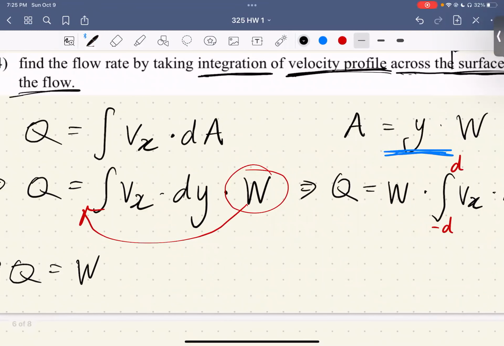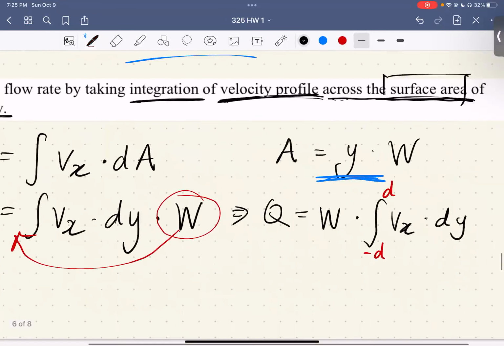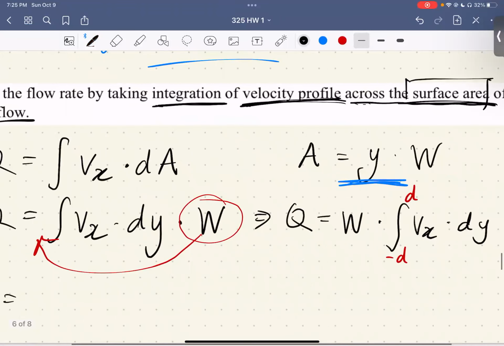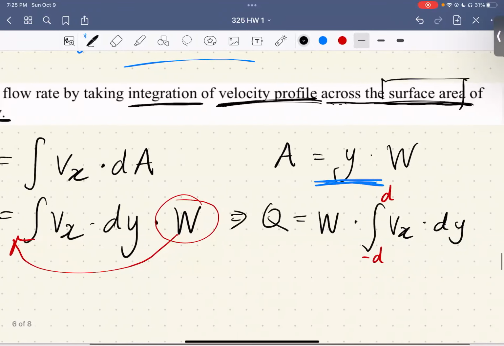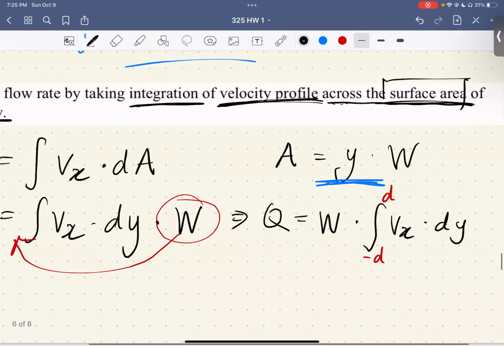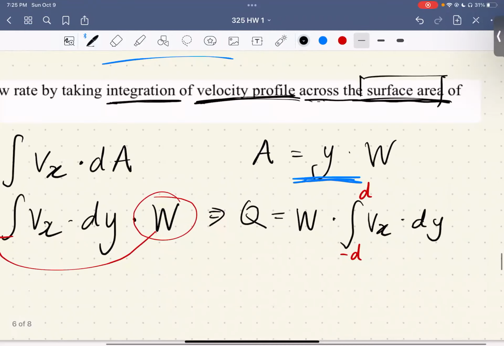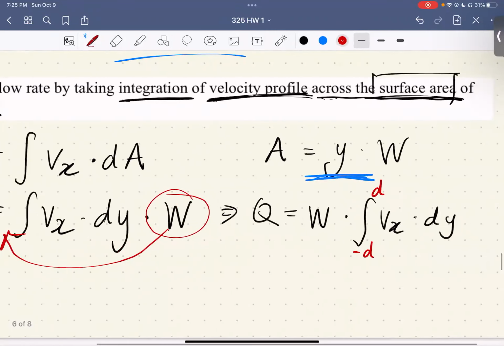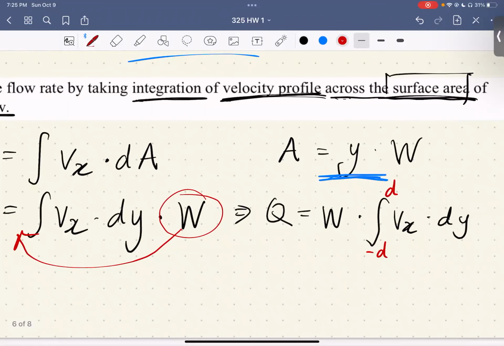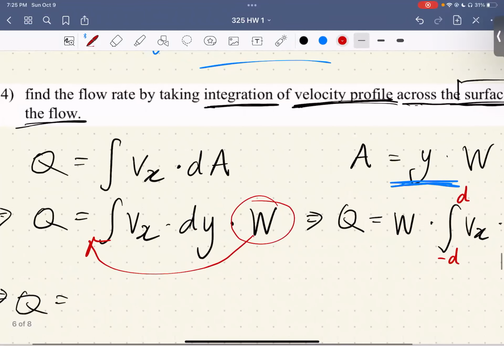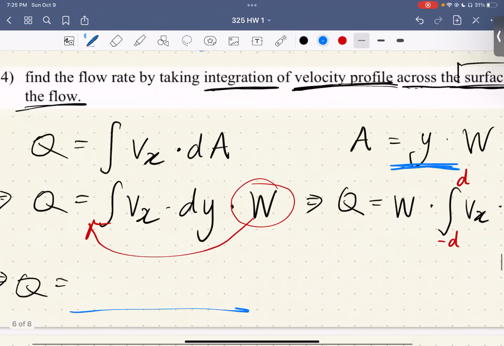I think it would be a great challenge to just get your integral practice done. But ultimately, your answer should just be Q. And you shouldn't have any y terms because you are integrating over a specific interval. So you should be plugging in that d and negative d. And you should just have one expression right over here as your answer.